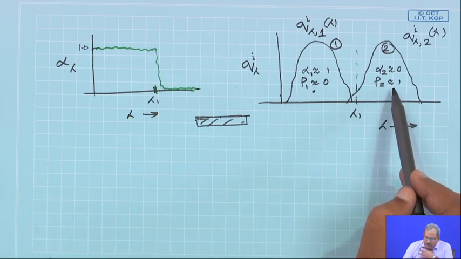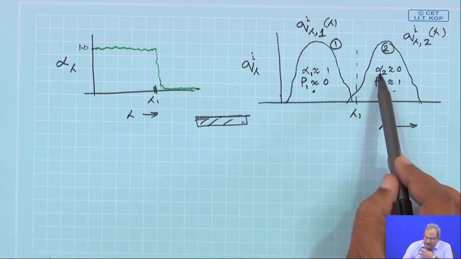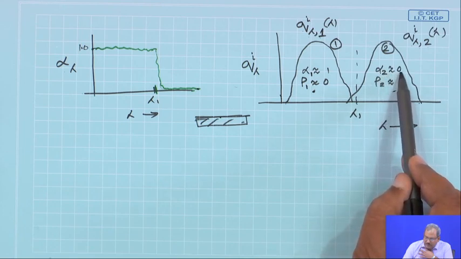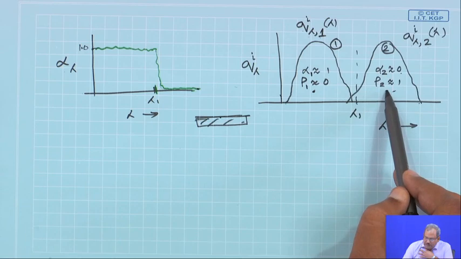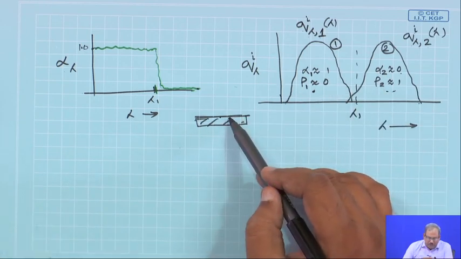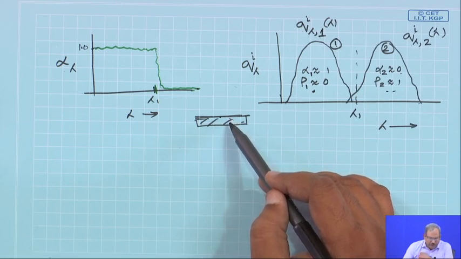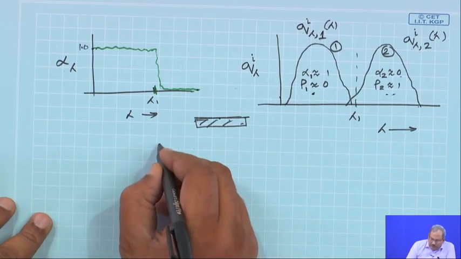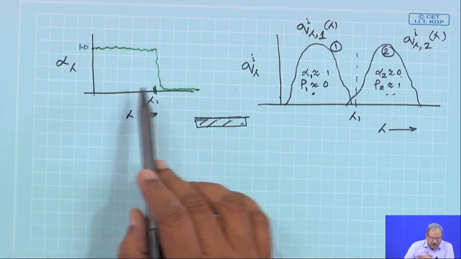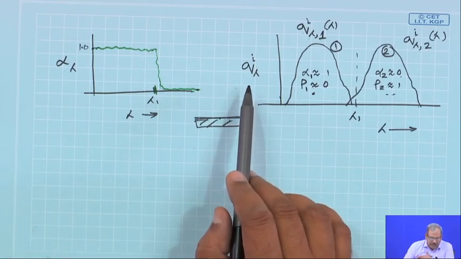Whereas over here, since the value of alpha 2 is about 0, none of the incident radiation is going to be absorbed by the surface. So, the values of alpha are drastically different in these two cases.